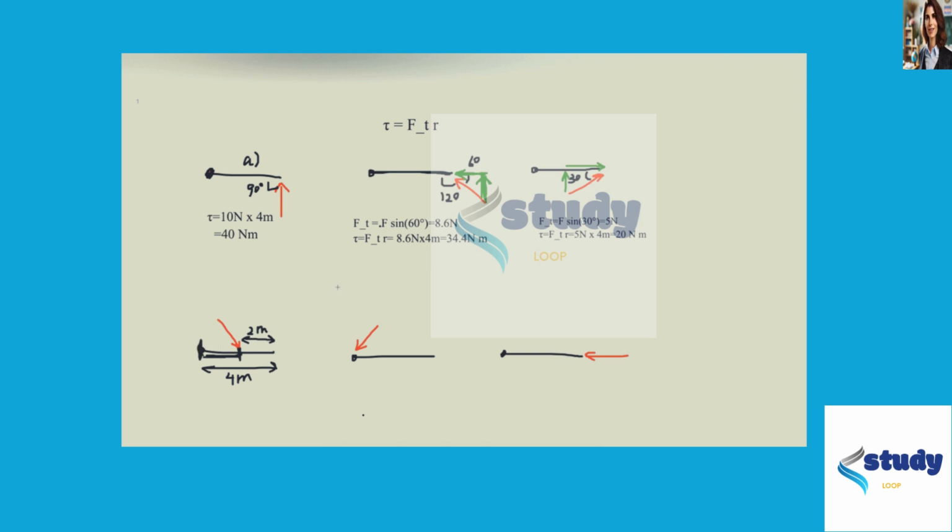So we do the same force decomposition, except that now we have R equals 2 meters instead of 4 meters. If we follow the same procedure, now we have this is 60. And we again decompose the force. And we have the tangential component is F times sine 60 degree.